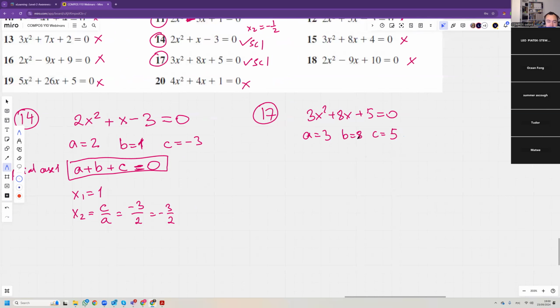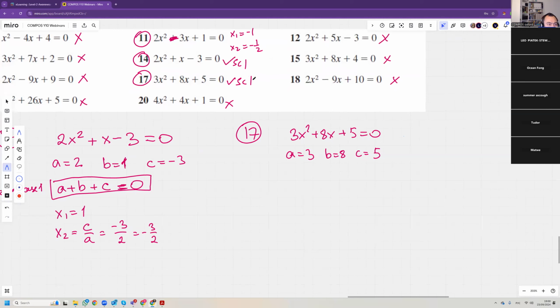So a is 3, b is 8, c is 5. And you notice, oh, that's special case 2. You notice that a minus b plus c is 0. So 3 minus 8 plus 5 is 0. So that's special case 2. And that immediately means that x1 is minus 1.